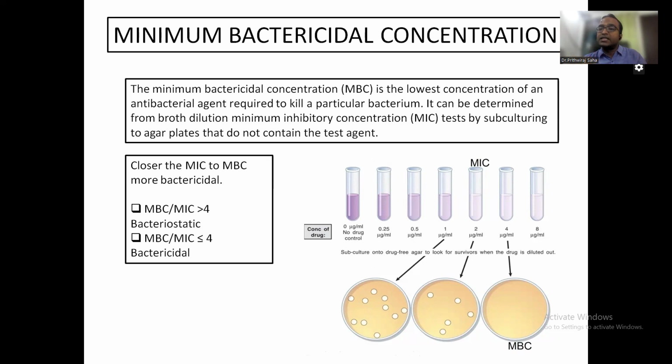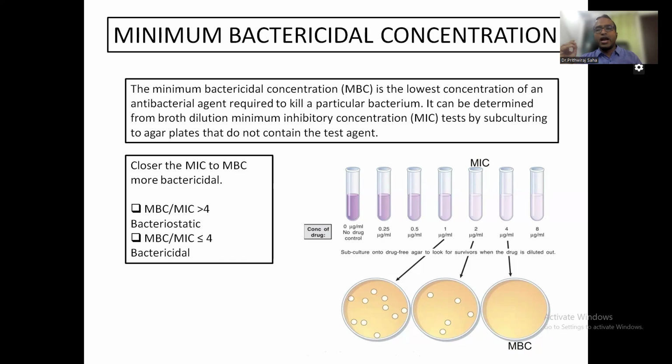So if the MBC by MIC is less than 4, then the drug becomes bactericidal. If the MBC by MIC is greater than 4, then the drug becomes bacteriostatic. So it is a very important concept. By this, we end part 2 of the antibiotics.